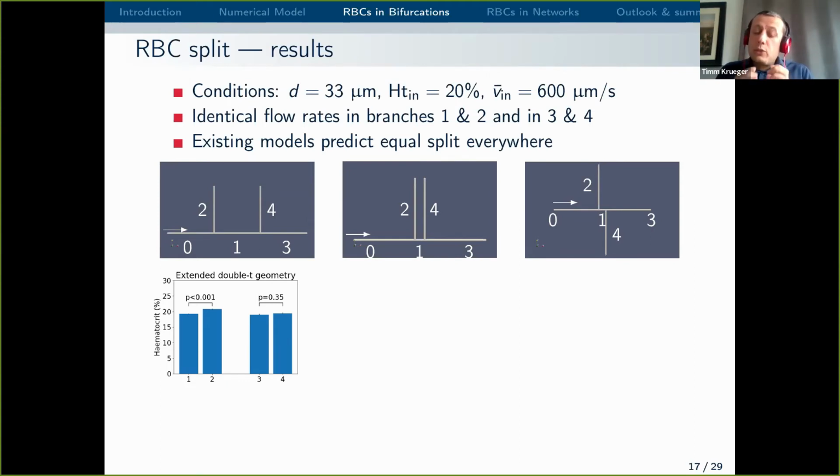So what you don't really want to have in these devices is a cell-free layer. But if you come up with artificial geometries that look more like a capillary network, you get a lot of clogging, which you don't want to have, right? It's a compromise between having smooth operation of your device over time without clogging and good oxygenation properties.